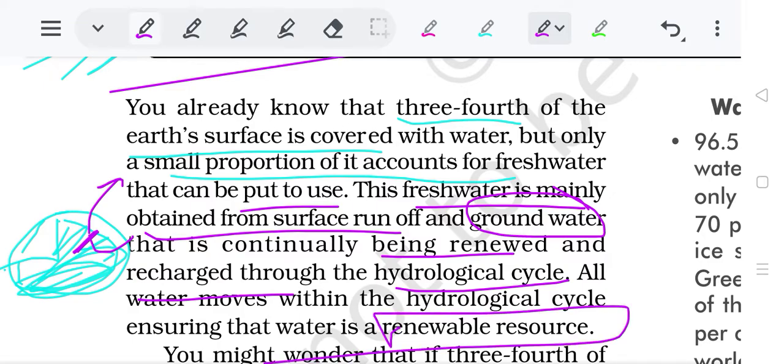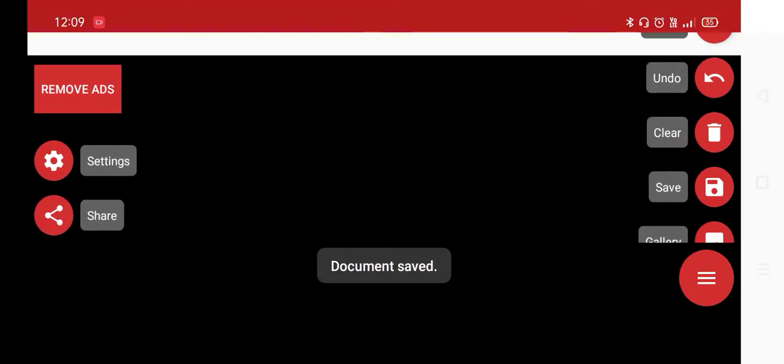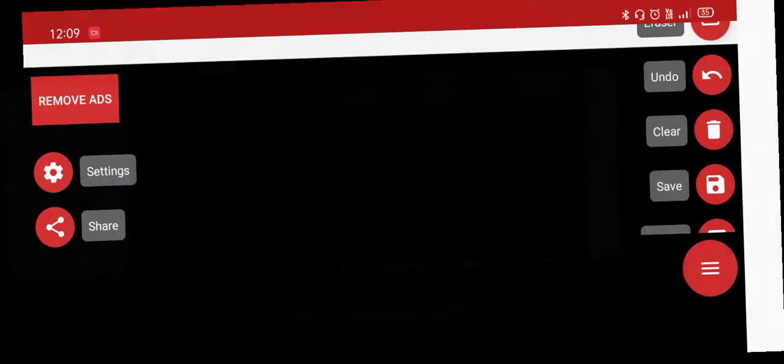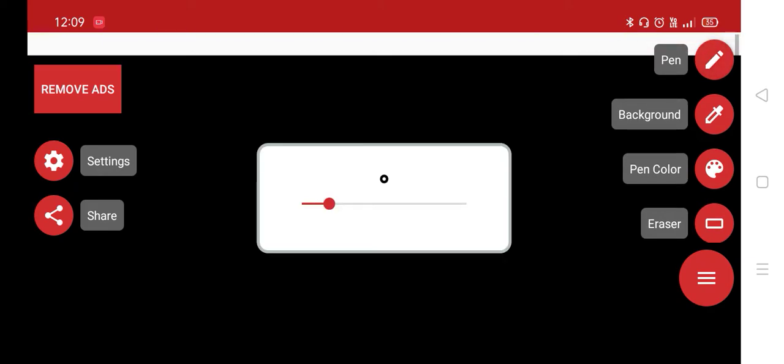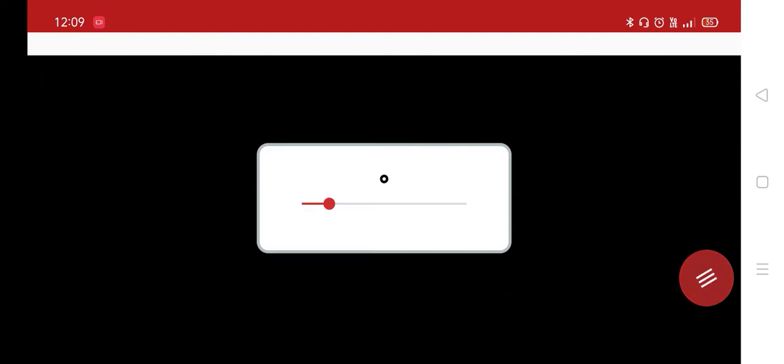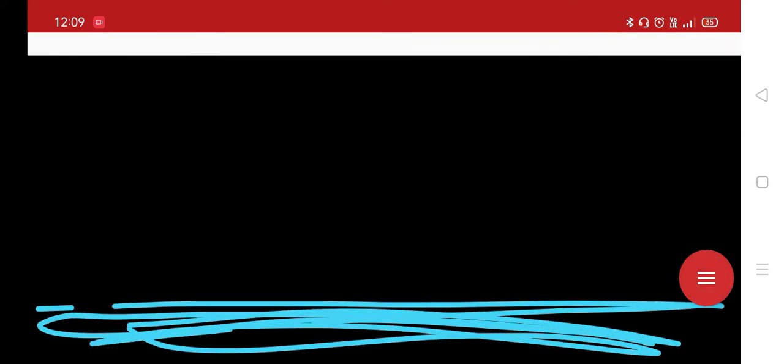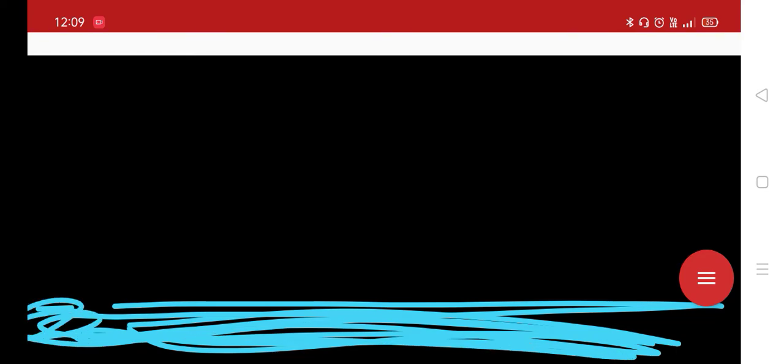So we have studied about the hydrological cycle in previous classes, but if you don't remember, let me show you what it looks like. In a hydrological cycle, you have a water resource first. For example, I am drawing here an ocean, in which there is a lot of water.